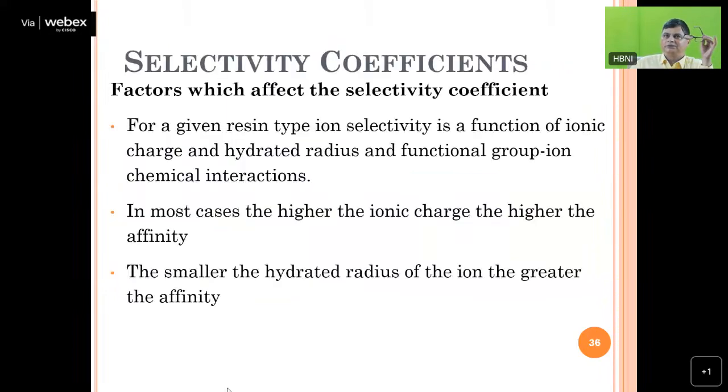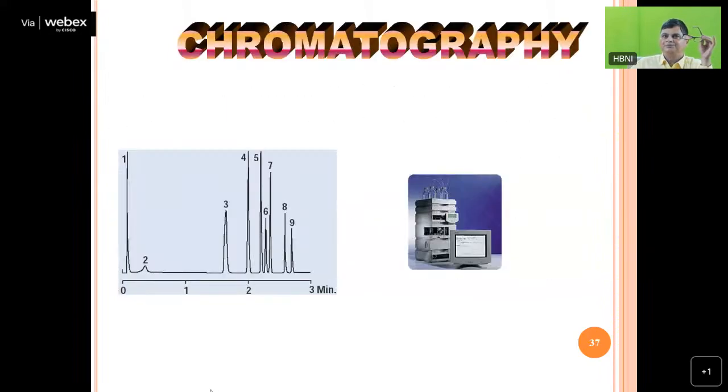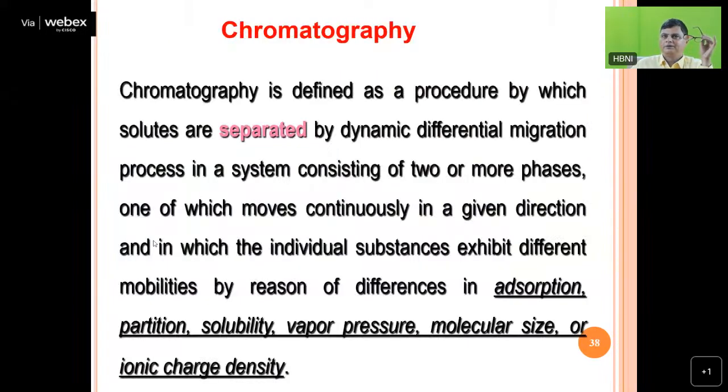Now we talk about chromatography. Chromatography is defined as a procedure by which solutes are separated by a dynamic differential migration process. How are they separated?